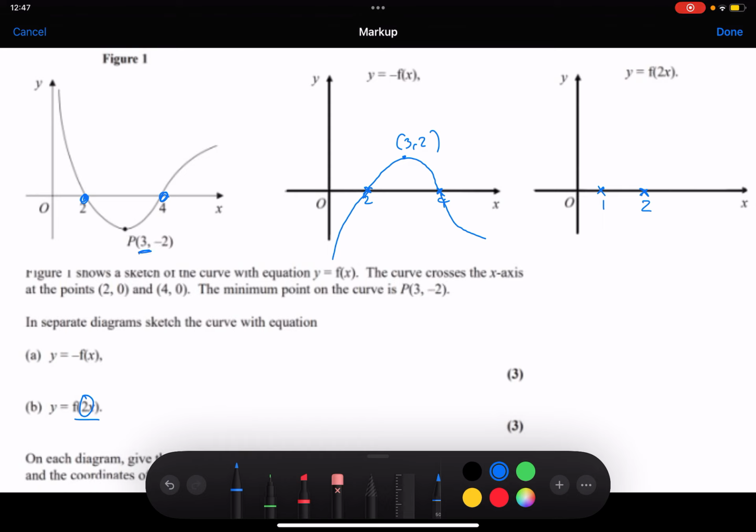The turning point did have an x coordinate of 3, so I'm going to divide that by 2, and it's now going to be at 1.5. The y coordinate will not change at all. We'll still be at -2. So the graph is going to look something like this. It's just squashed in by a scale factor of 2 in the x direction.